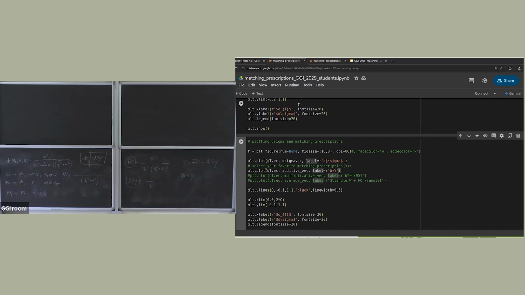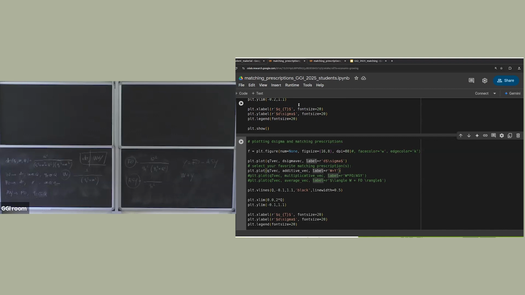Okay, so I see a comparison here. Here you're comparing the sigma and the additive prescription. This is a plot of the two curves on a range of QT that goes from 0 to twice the value of the hard scale, with a vertical line for QT equal Q. One of your colleagues already got the comparison between the two curves.